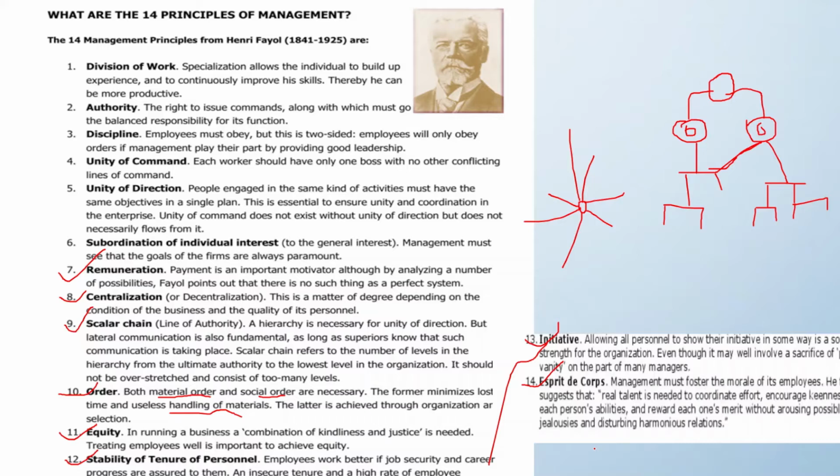So what is it saying? It is simply saying the management must foster the morale. There should be morale in each and every employee.